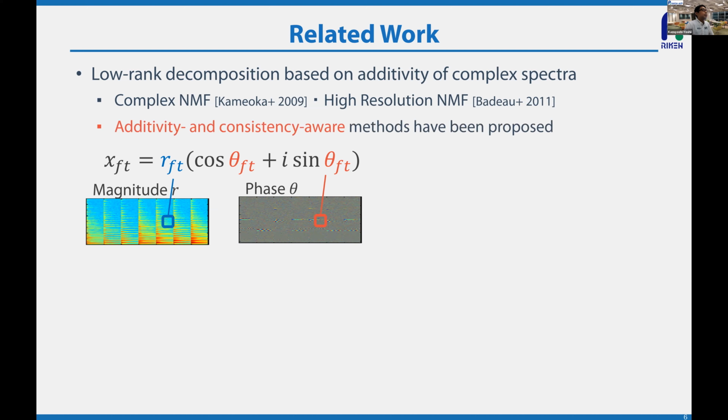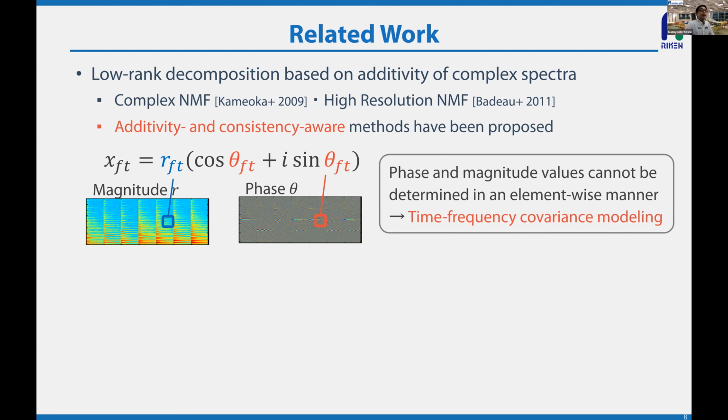These methods are additivity and consistency aware methods for blind source separation. Please note that the phase and magnitude values cannot be determined in an element-wise manner. So time frequency covariance modeling is very important to improve the performance of source separation.